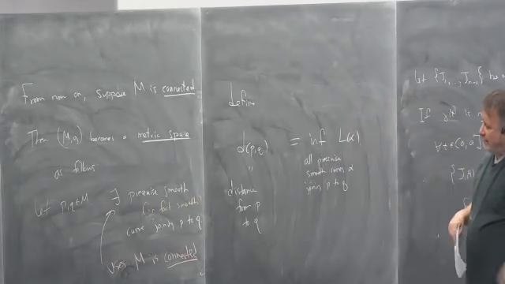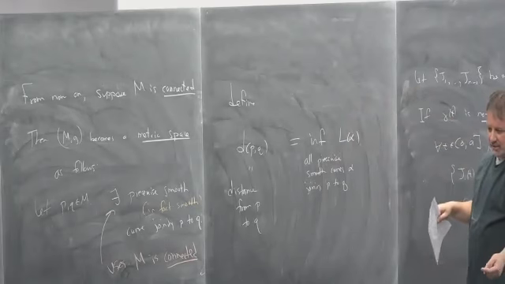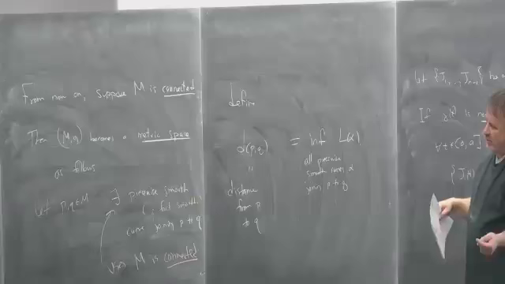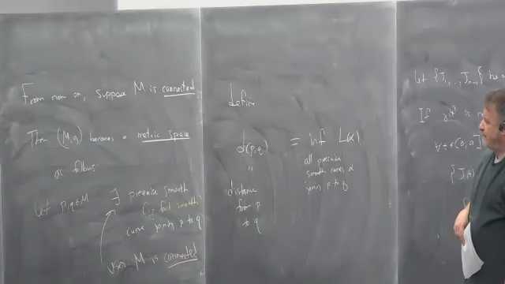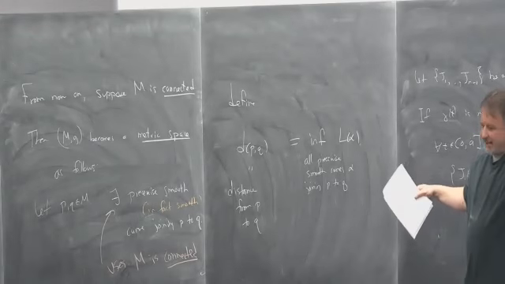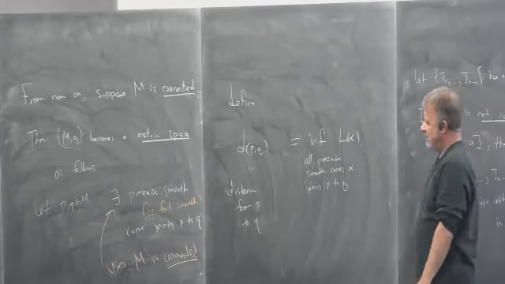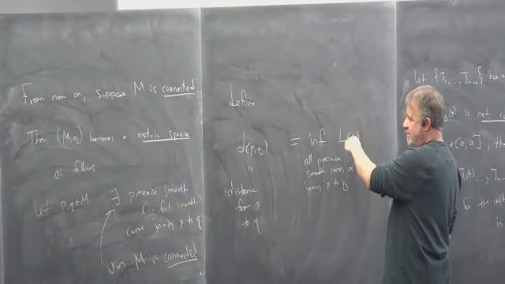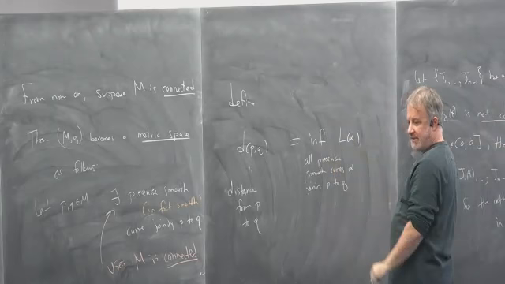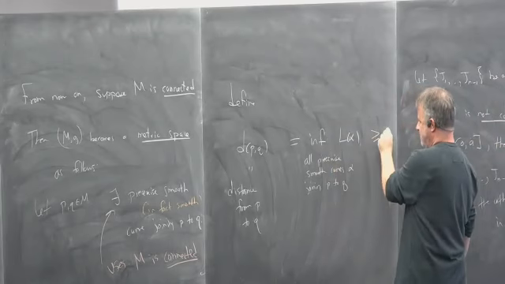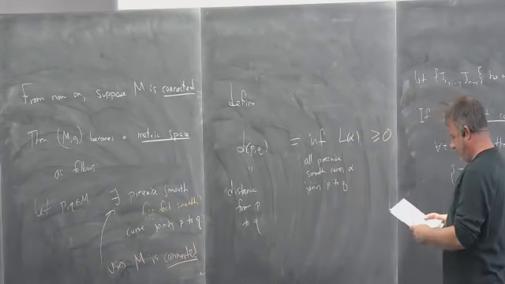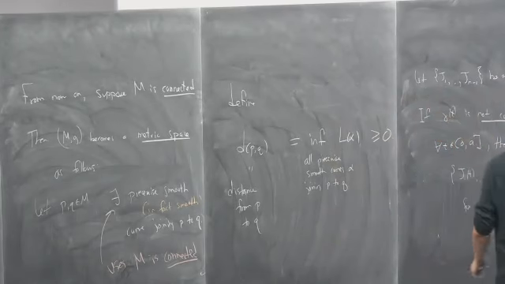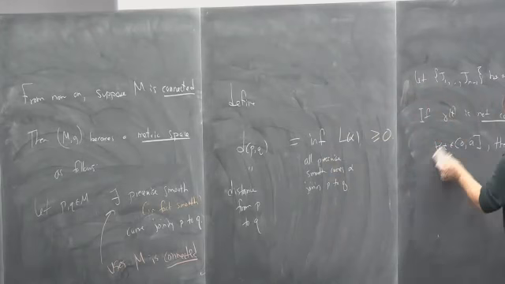We know there's at least one curve from P to Q. It has some length, which is non-negative. It might be 0 if P equals Q. So there's a non-empty set of such curves, and these are all non-negative real numbers. I'm taking the inf of a non-empty set of non-negative real numbers, so this is a non-negative real number. What we want to do is show that this makes M into a metric space.